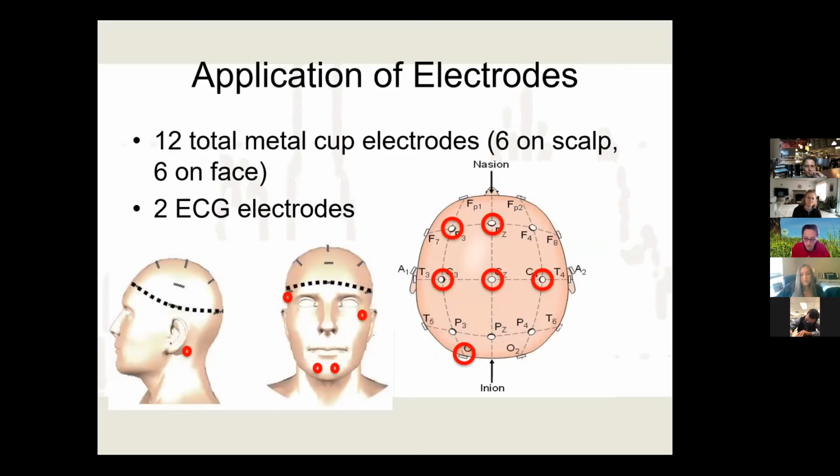We only put 6 electrodes on the scalp. And these are the spots. We do CZ and FZ, and then we do F3, C3, C4, and O1. And something to pay attention to when you start practicing measurements is all of your measurements should be in a really nice grid.